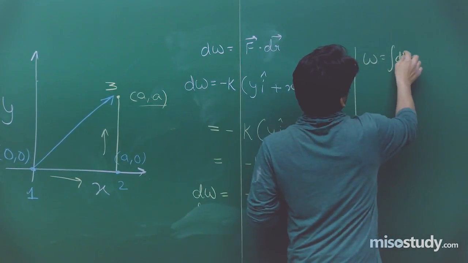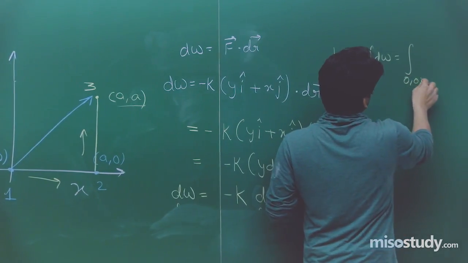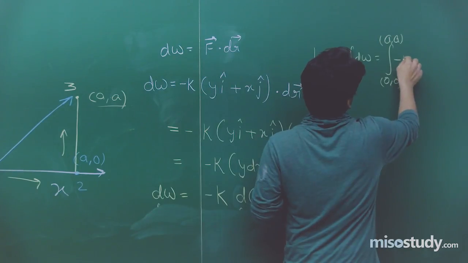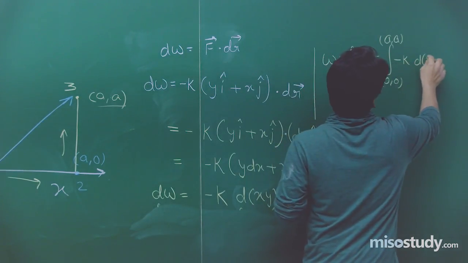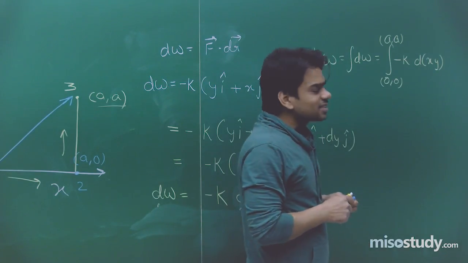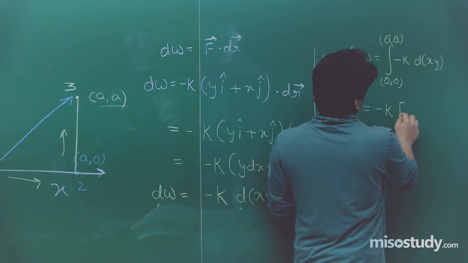Work done is equal to the integration of dW, which is equal to the integration from 0, 0 to a, a of minus k d(xy). So you will be obtaining this as xy, so this will turn out to be minus k xy.